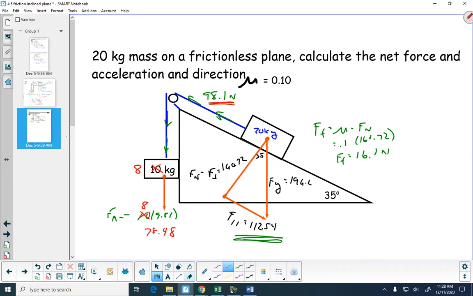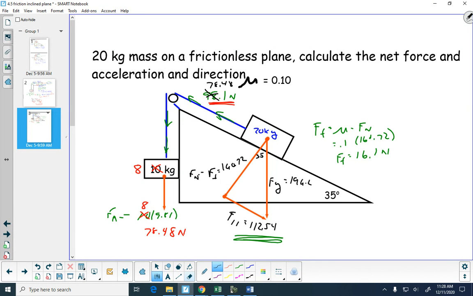That's 78.48 newtons. 9 times 8 is 72, 78.4 newtons. Sorry about that. My problem would not have worked out. So we have 78.48 newtons.